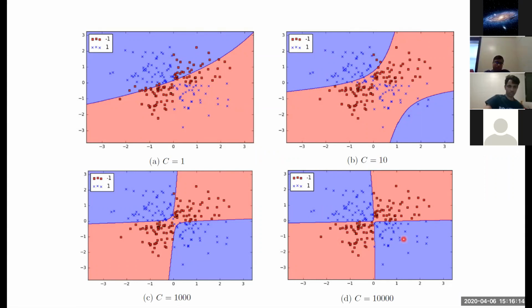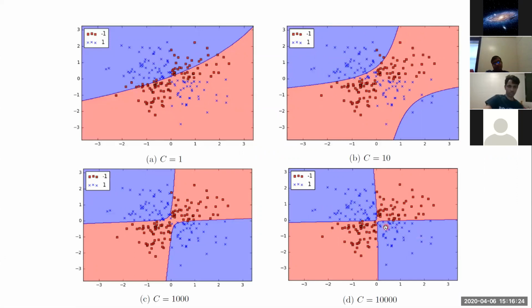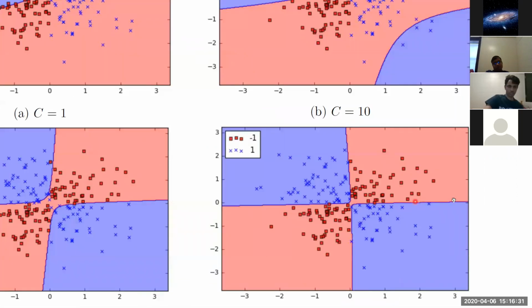Why? Because I have a large C. I don't really care about the distance between two classes. In this case, you're going to see that the data from the two classes are going to be closer and closer. But I do have very, very small penalties, very small violations, these kinds of relaxations.